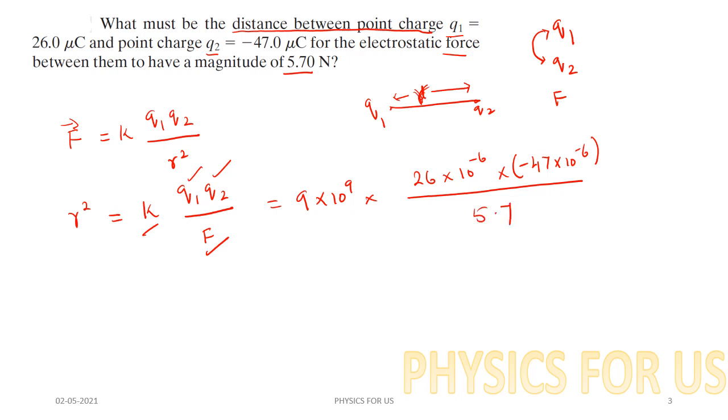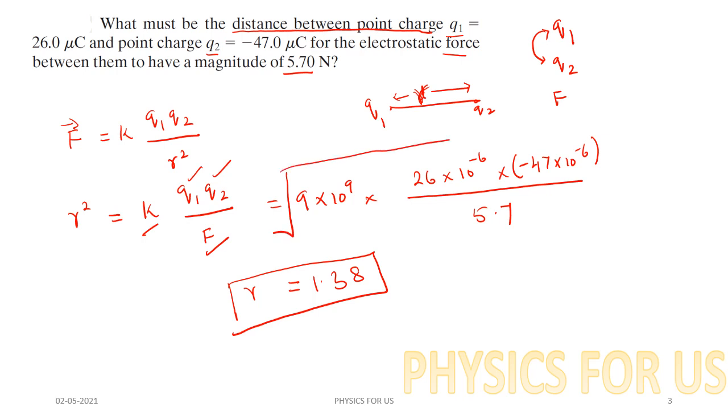On solving this with a calculator, you will get r equal to 1.38. Please note, you have to find the square root. On solving this, you have to find the square root of this value, then only you will end up with the correct answer.